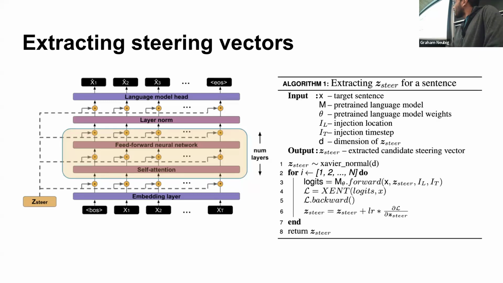More formally, forget the notation, but right here, we initialize this Z steer, and for a few iterations, we do forward passes. First, this starts as random, and then this gets closer and closer to being able to generate the sequence.